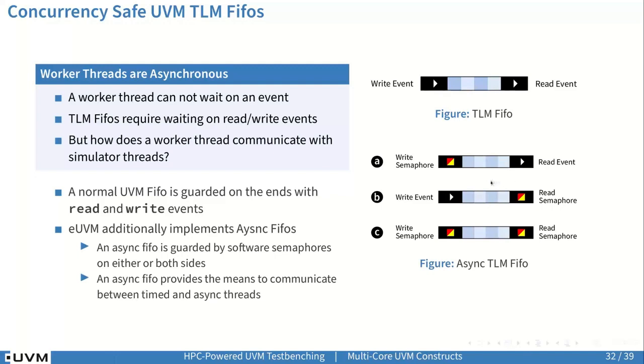In the case of asynchronous FIFOs that we implement in embedded UVM, for example, if we are writing a sequence from a task or from an asynchronous worker thread, it will be controlled on that end by a semaphore instead of by a simulator event. But the side that is reading it is controlled by a simulator event, and vice versa.